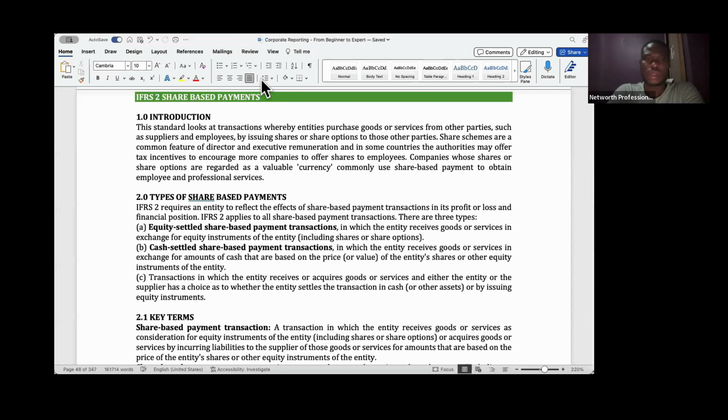And we told you last week that share-based payment is where an entity receives goods or services, and the consideration that is paid for those goods or services are the equity instruments of the entity, or the entity pays cash, but the value of the cash is now based on the share price of the entity.